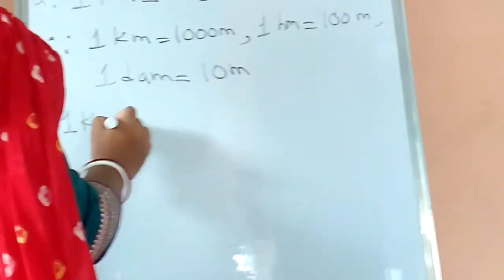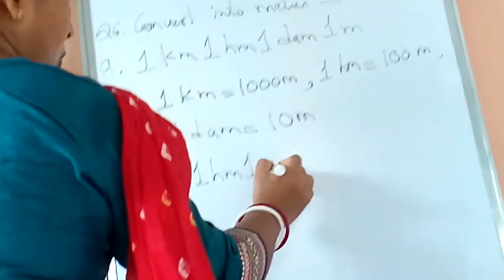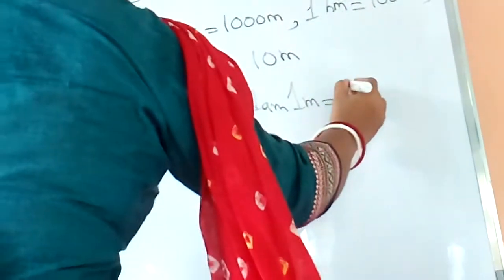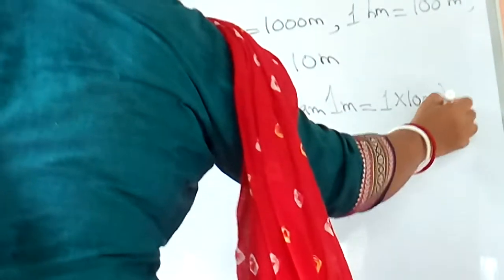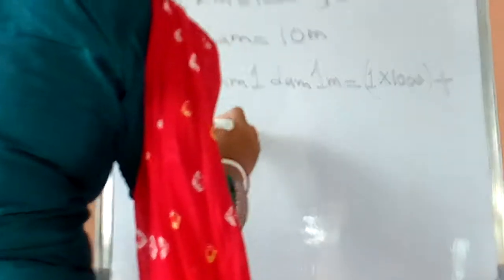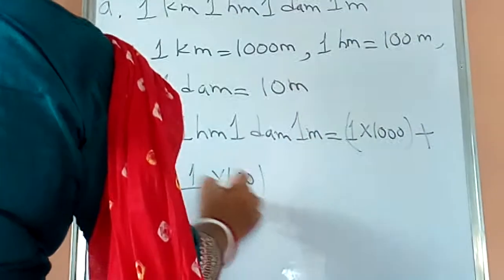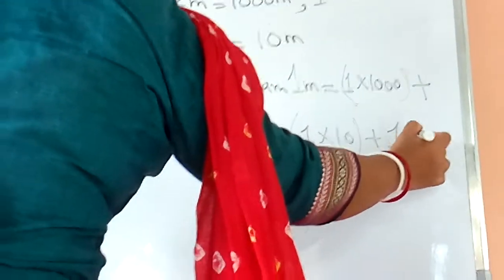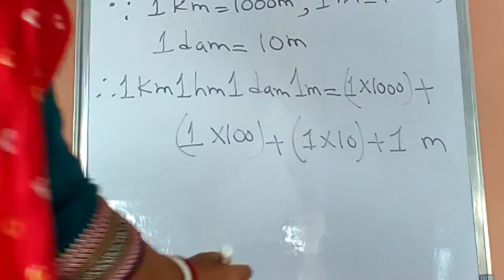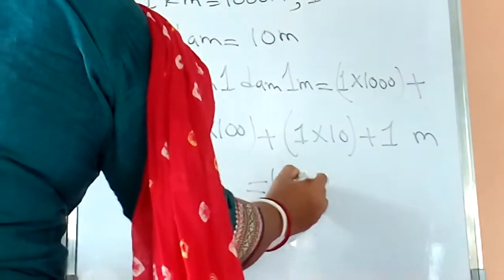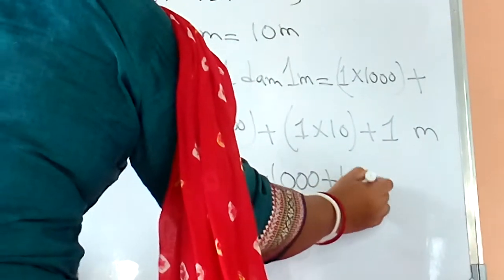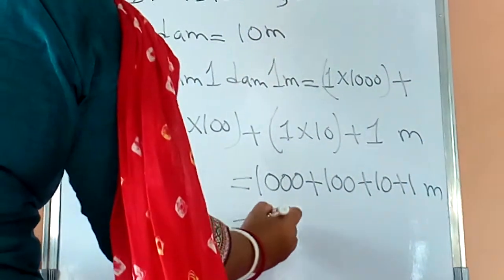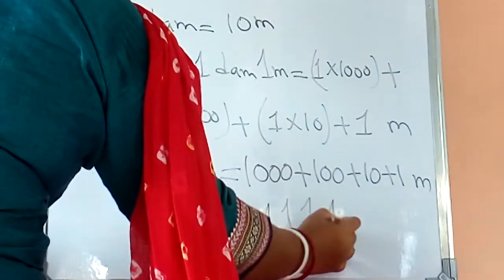Therefore 1 kilometer, 1 hectometer, 1 decameter and 1 meter is equal to, first one 1 into 1000 plus 1 into 100 plus 1 into 10 and the last one, that is 1 meter, will be as it is. So 1 into 1000 is 1000, 1 into 100 is 100 and 1 into 10 is 10 plus 1 meter.